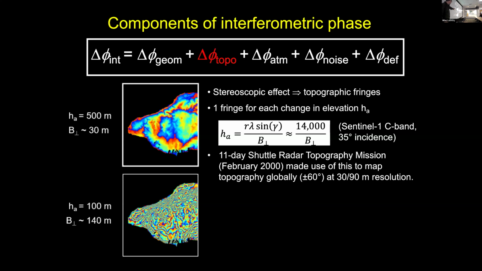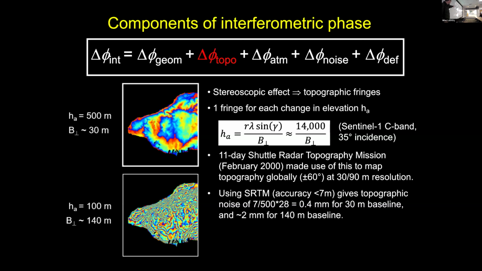So if we want to think about the impact of getting the topography wrong, one thing we can do is note that we've usually got something that's at least as good as SRTM, the Shuttle Radar Topography Mission. That was accurate to about 7 meters. So if you know how accurate your elevation model is, you can work out what the phase error is from that error in your topography.